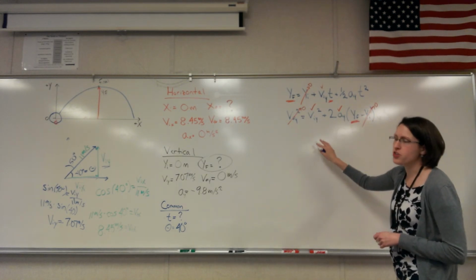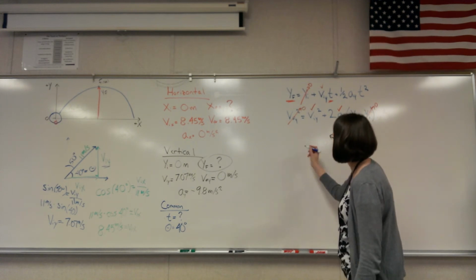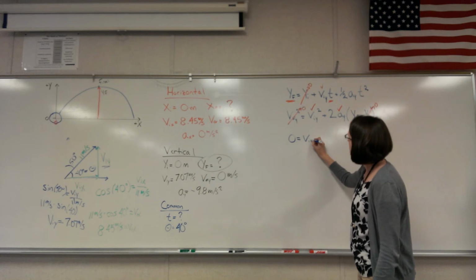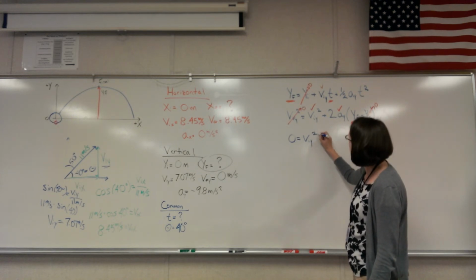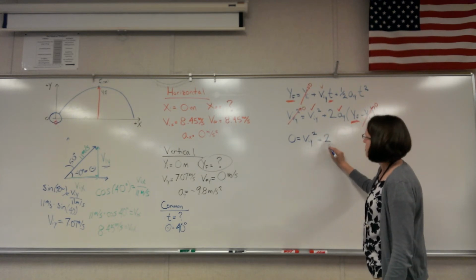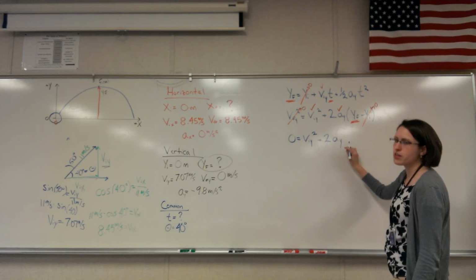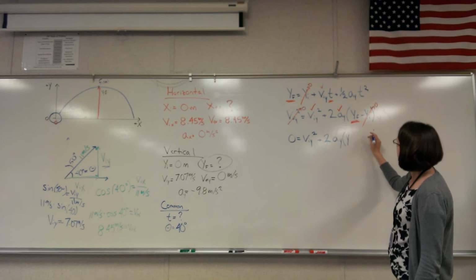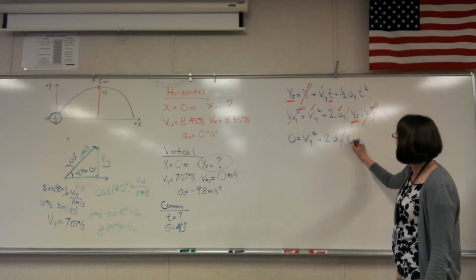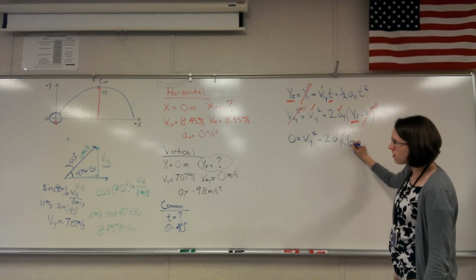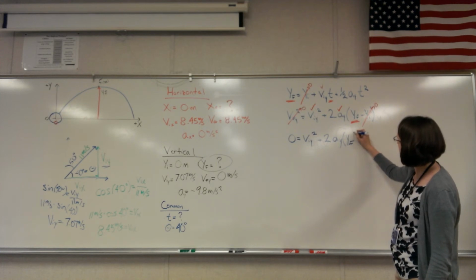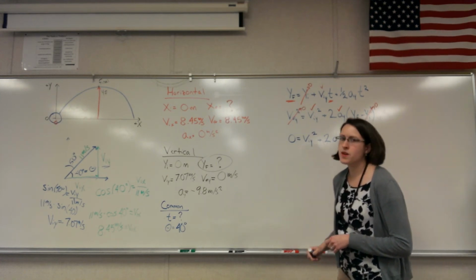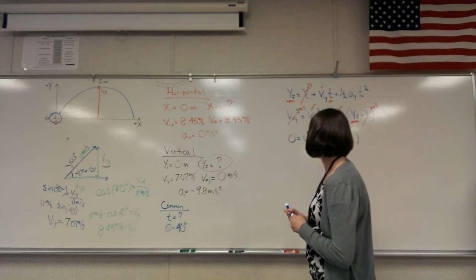So let's simplify the equation now that I inserted my zeros. 0 equals initial velocity in the vertical direction squared plus 2 times our acceleration in the vertical direction times our final position in the vertical. Okay, so now let's plug in the rest of the information we have.